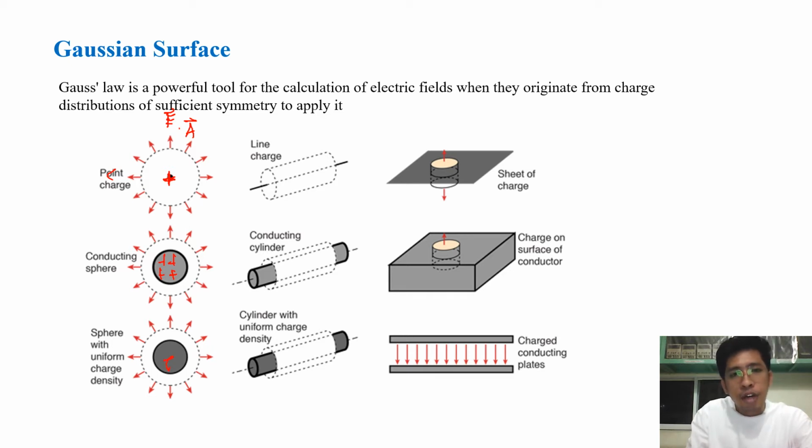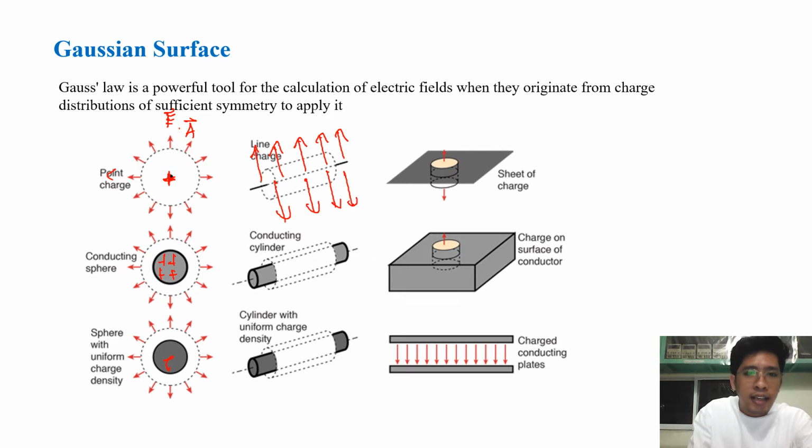For a line charge, we use a cylinder as a Gaussian surface. Why is that? Because if this is a positively charged line charge, your electric field is like this, radially outward again.